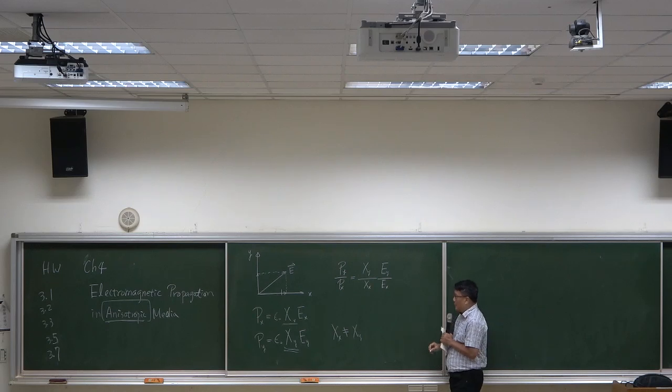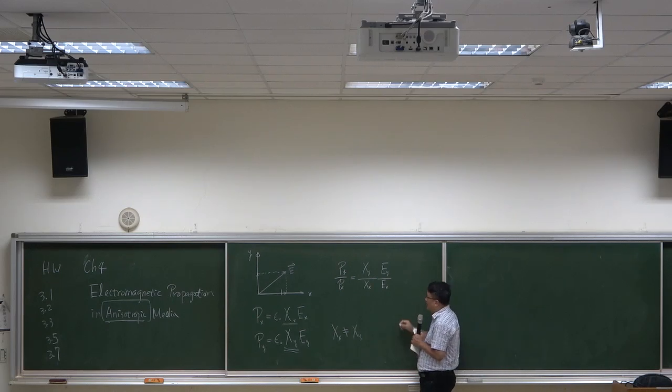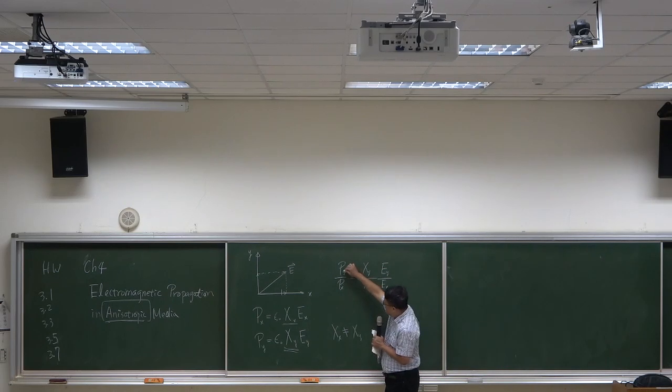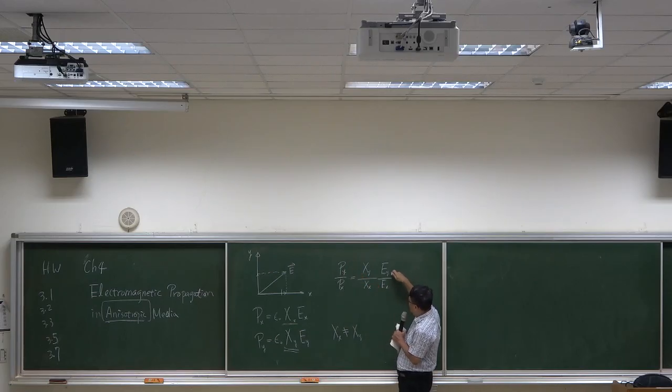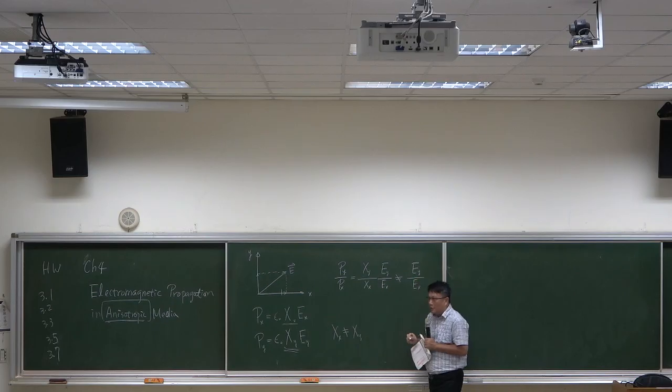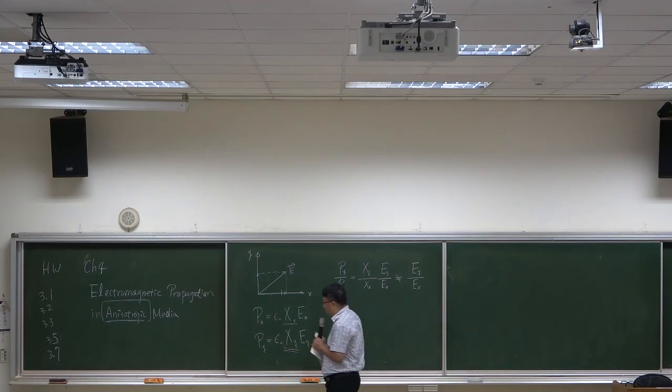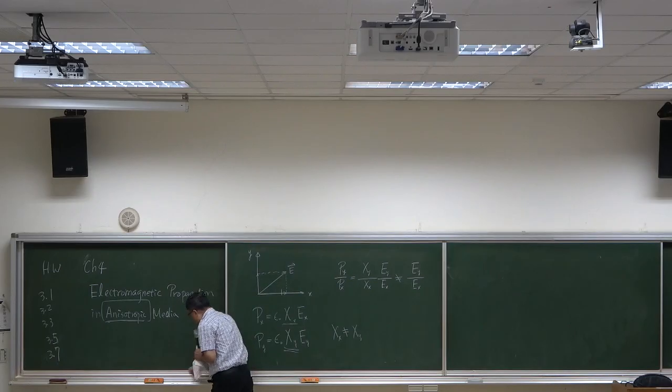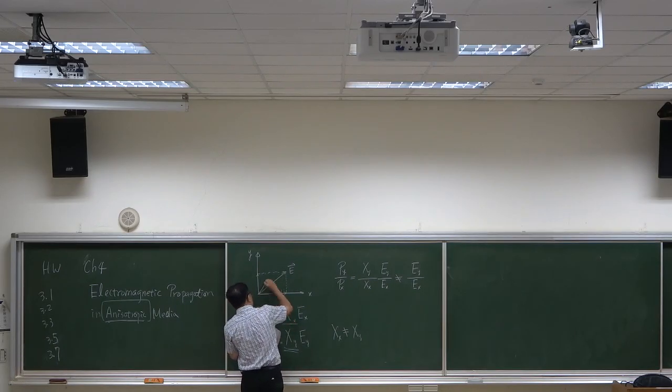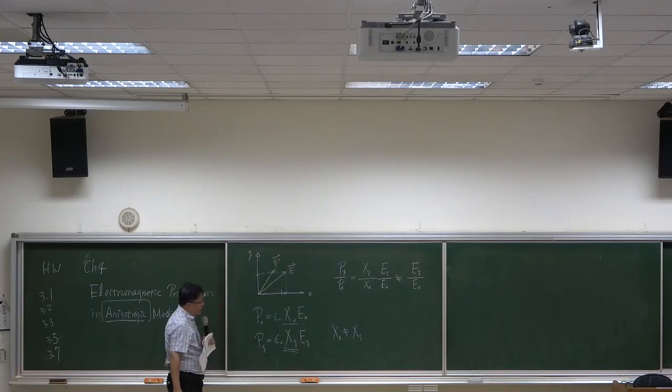So this means that the ratio between Py and Px is different from the ratio between Ey and Ex. This difference means that we, in general, have a P vector along a different direction.